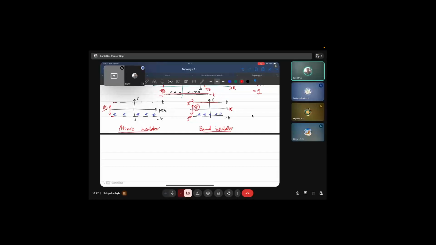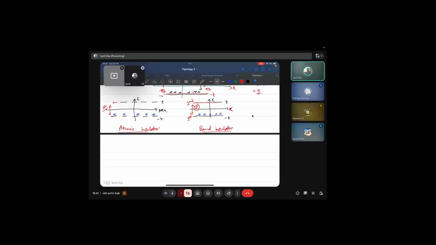So this is a band insulator. Okay, but they essentially represent the same thing, right? If you apply current in the system or some electric field, they will not conduct electricity. So in this sense, atomic insulator and band insulator are the same.